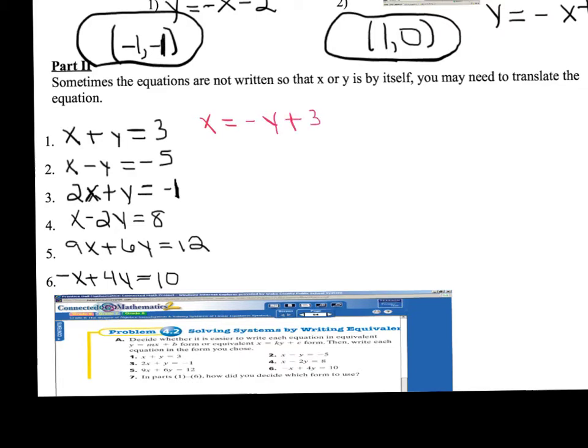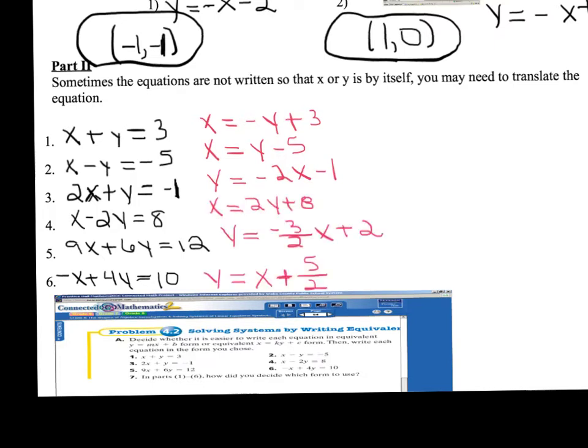Number 2, I'm going to use the same form, x equals y minus 5. Number 3, I'm going to use y equals mx plus b form. So that one's going to be y equals negative 2x minus 1. Go ahead and do 4, 5, and 6.